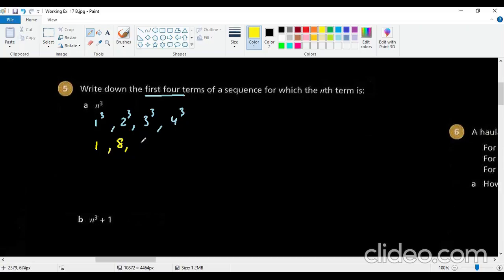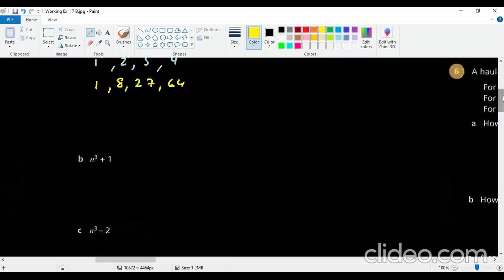And 4 times 4 times 4 is going to give you a 64. Now comes n cube plus 1. So 1 plus 1, 8 plus 1, 27 plus 1, and 64 plus 1. So this is going to give you 2, 9, 28, and 65.